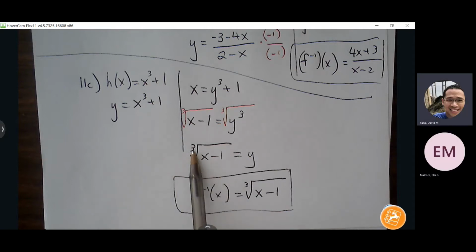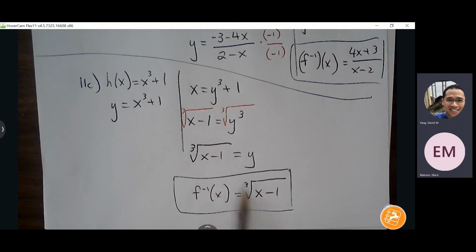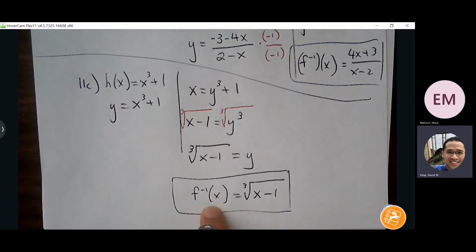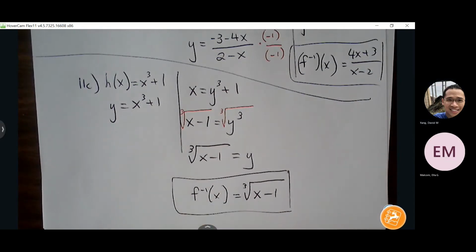Now we can't resolve this because there's a minus sign in between. So we've got to leave it in this form. So then we have to do that inverse thing. Yeah, and it's just write it in the inverse notation.